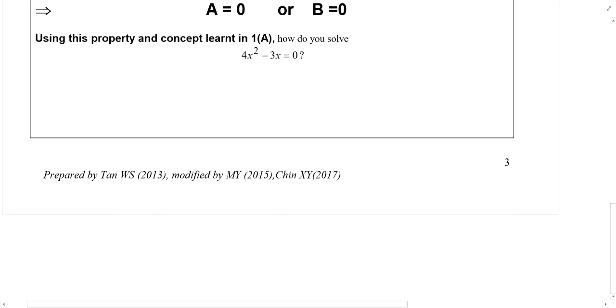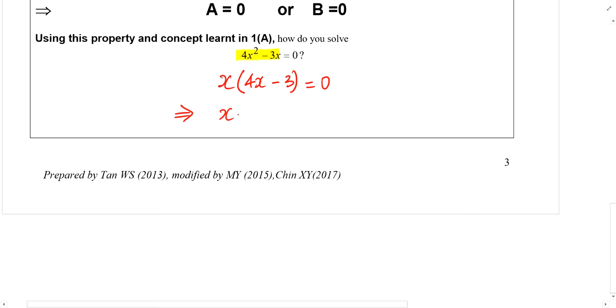What happens if I have 4x squared minus 3x equals 0? Can you solve this? What should we do with the highlighted part? Factorize. Rhea says factorize. Can you tell us what you will factorize to give us? So x multiplied by 4x minus 3 equals 0.